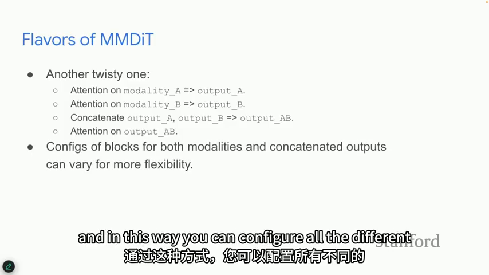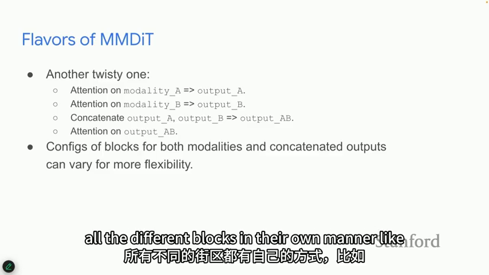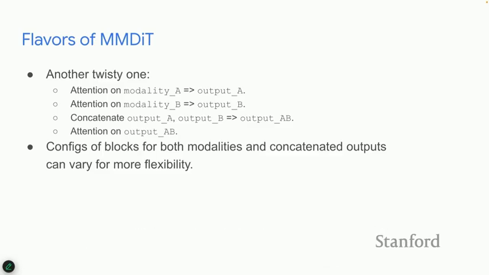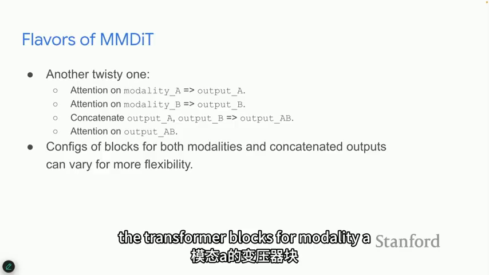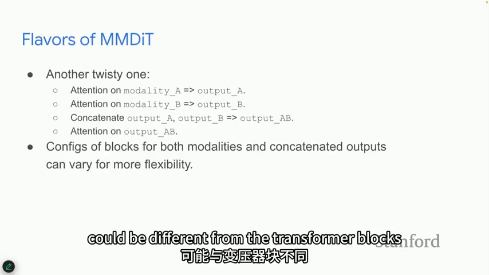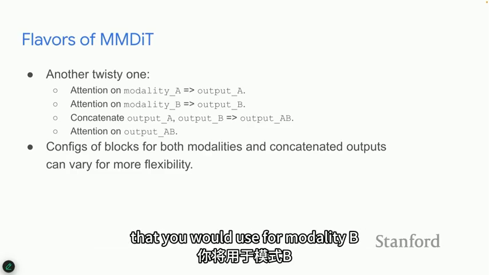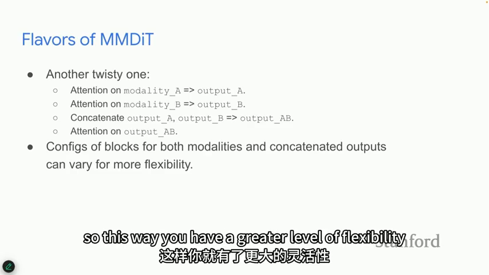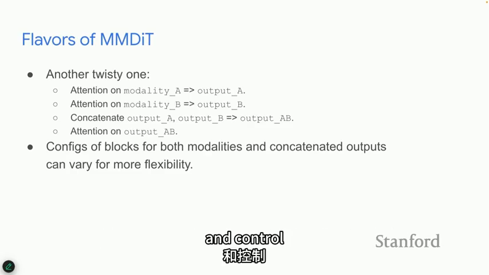In this way, you can configure all the different blocks in their own manner. The transformer blocks for modality A could be different from the transformer blocks that you would use for modality B. So this way you have a greater level of flexibility and control.